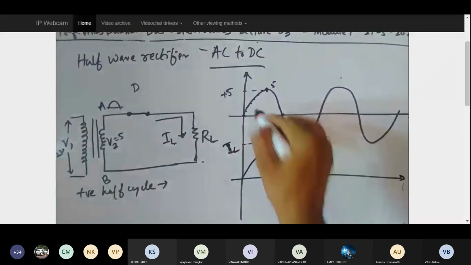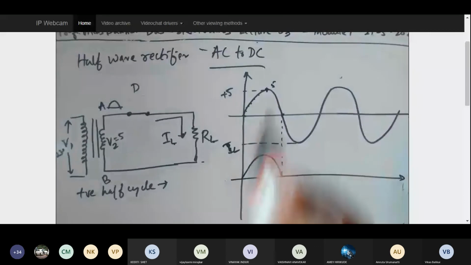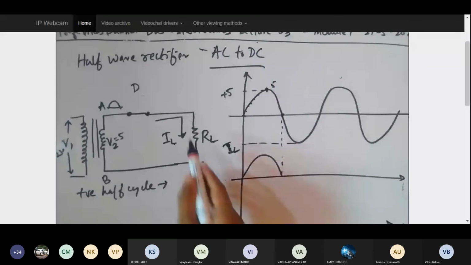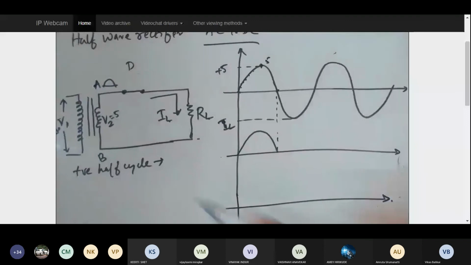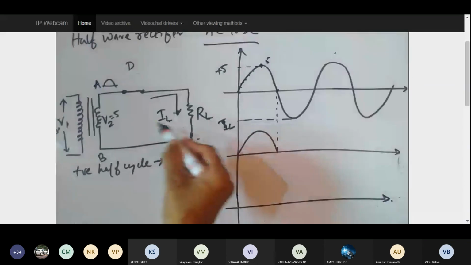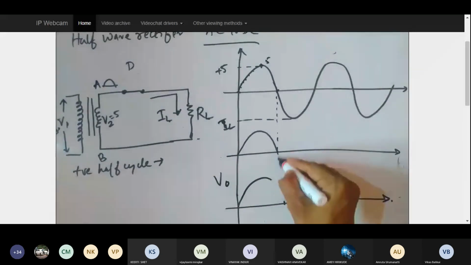As the voltage came, the diode became forward biased, and the current got generated. Now let's do some calculation when this current gets multiplied with the resistance. When current is flowing through the resistance, it is getting multiplied and I am getting a voltage. So I into R will be my voltage. The way the current is there, in a similar manner my voltage will be there. So this is my output voltage, and this is what is happening under the forward biased condition.